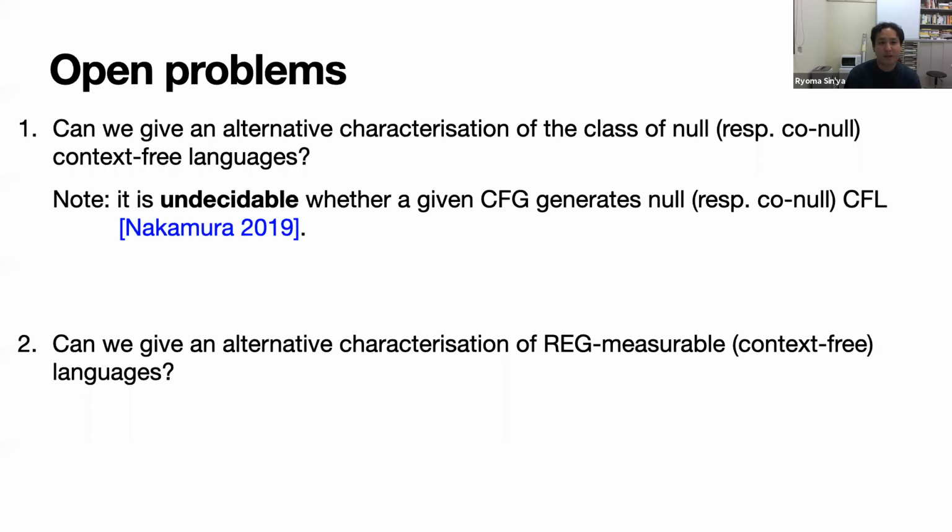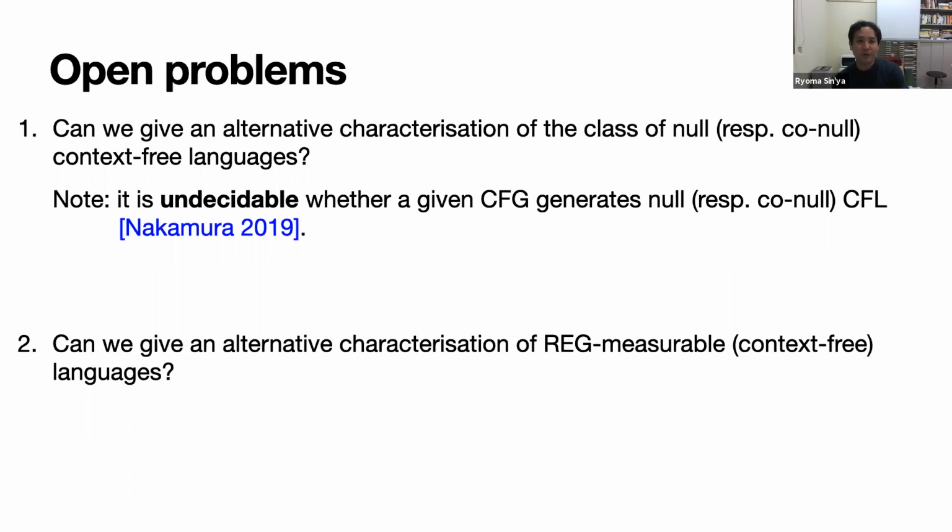Here we note that there is no hope of having a decidable characterization, because it is undecidable whether a given CFG generates a null context-free language or not, okay? This was shown very recently by Nakamura in his PhD thesis, okay?